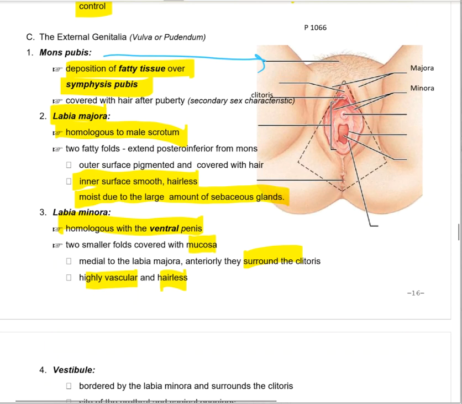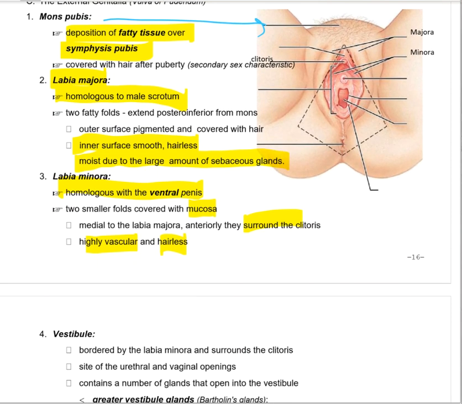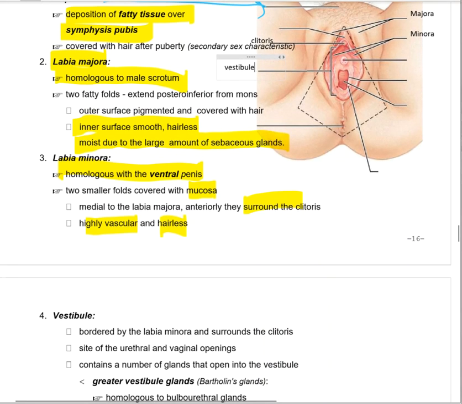The vestibule is basically the area from right below the clitoris to the bottom of the vaginal opening. So we call this the vestibule. And this is where the urethral opening is.